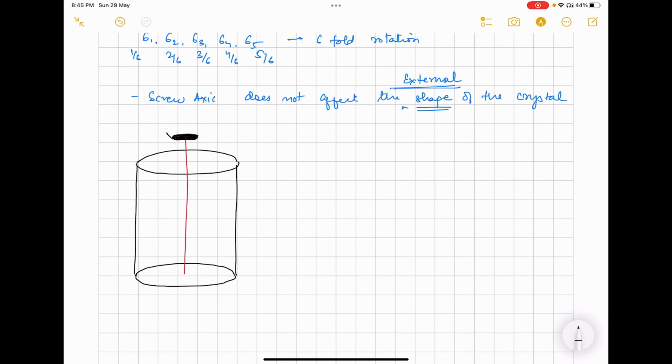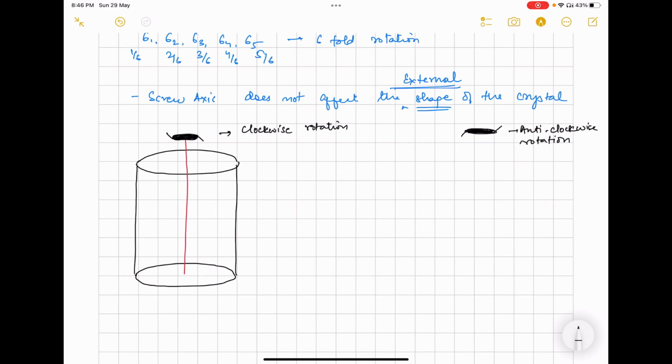Suppose this is there, so this means the rotation is clockwise. Suppose the symbol had been like this, so this means anti-clockwise rotation.